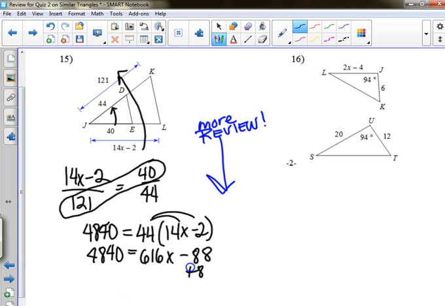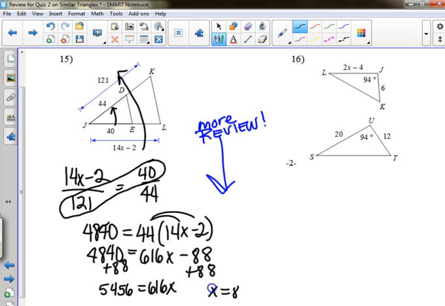If we add 88, I got 5456 equals 616x. If I divide, I didn't get a nice answer. Huh.